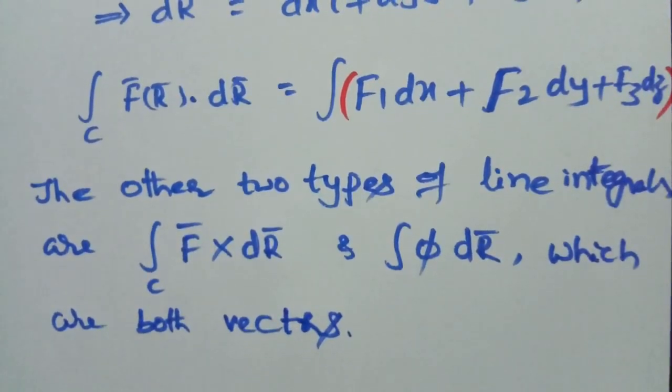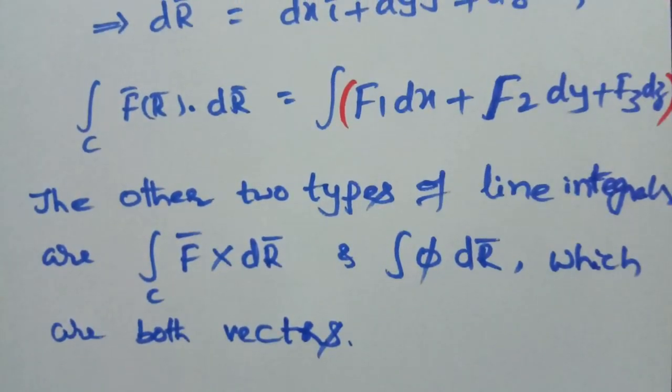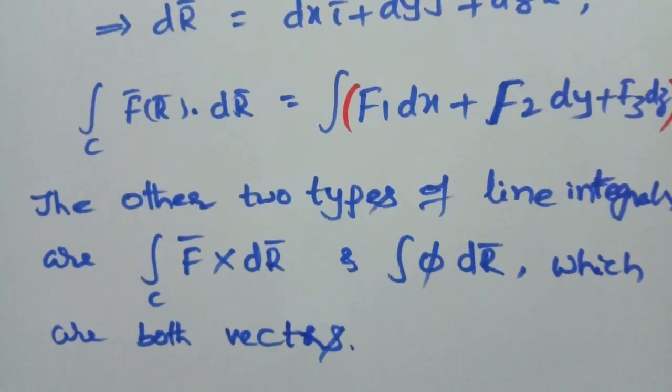So these are other types of line integrations. Now, next, circulation.